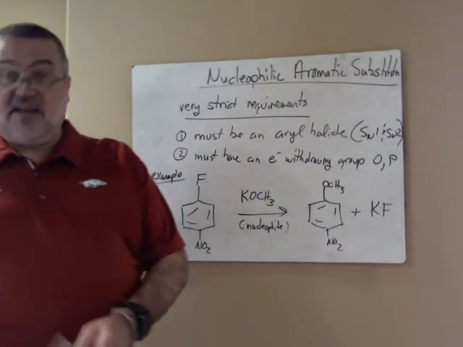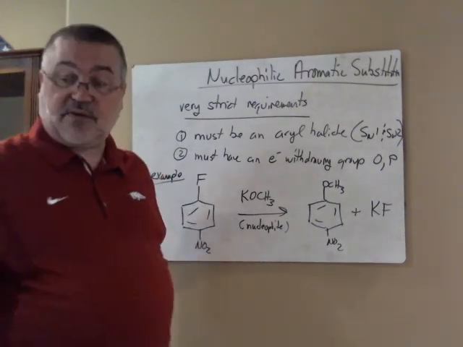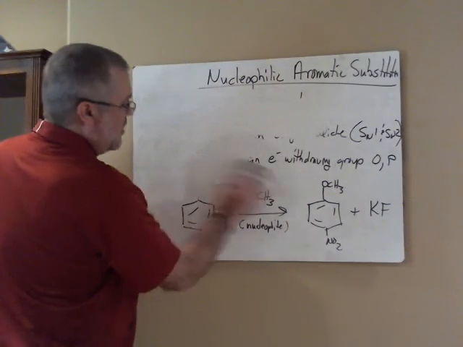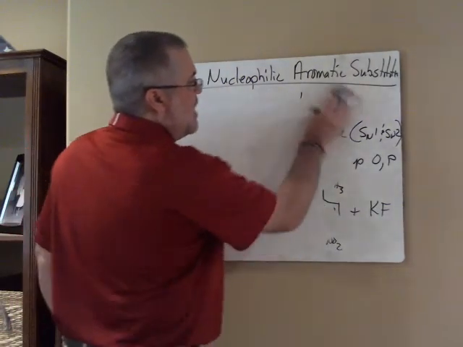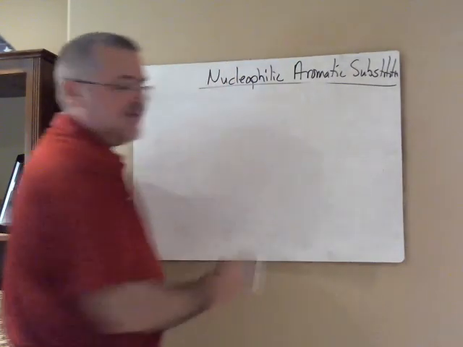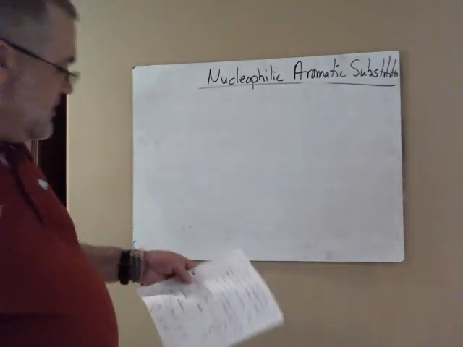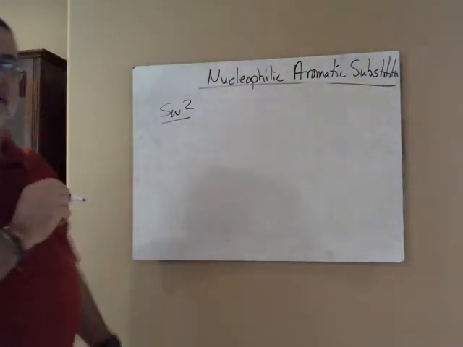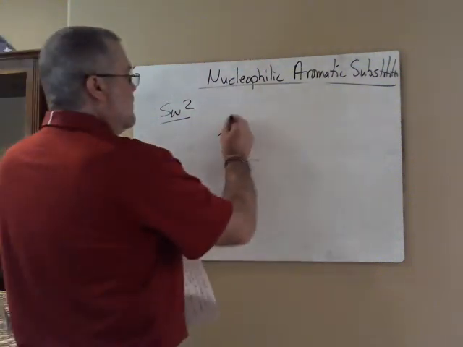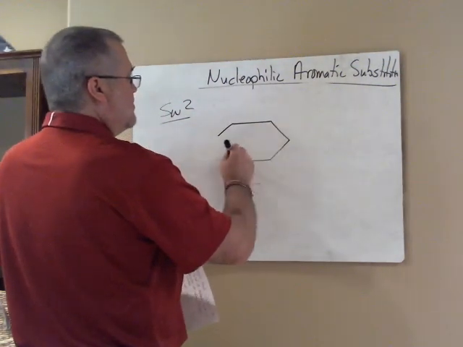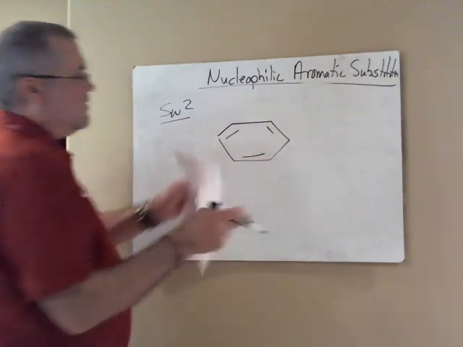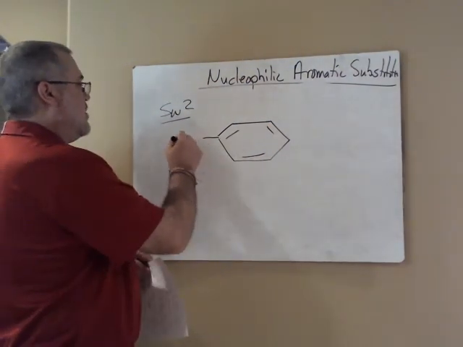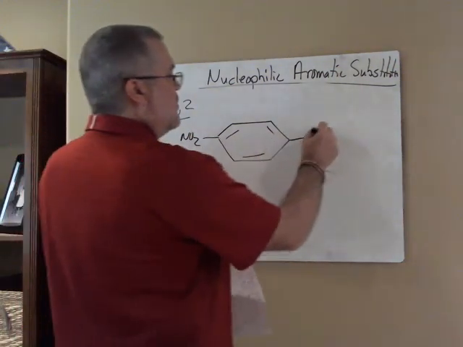And so mechanistically, we have to think about how this is occurring. Okay? And so I'm just going to give some little foreshadowing for the next lecture, because I said that this looks kind of similar to SN1, SN2. And so maybe mechanistically, that's how these reactions are occurring. But imagine this drawing is of a flat ring, so I'm looking at that benzene ring like this, and you have your nitro group here, and you have your fluorine here.